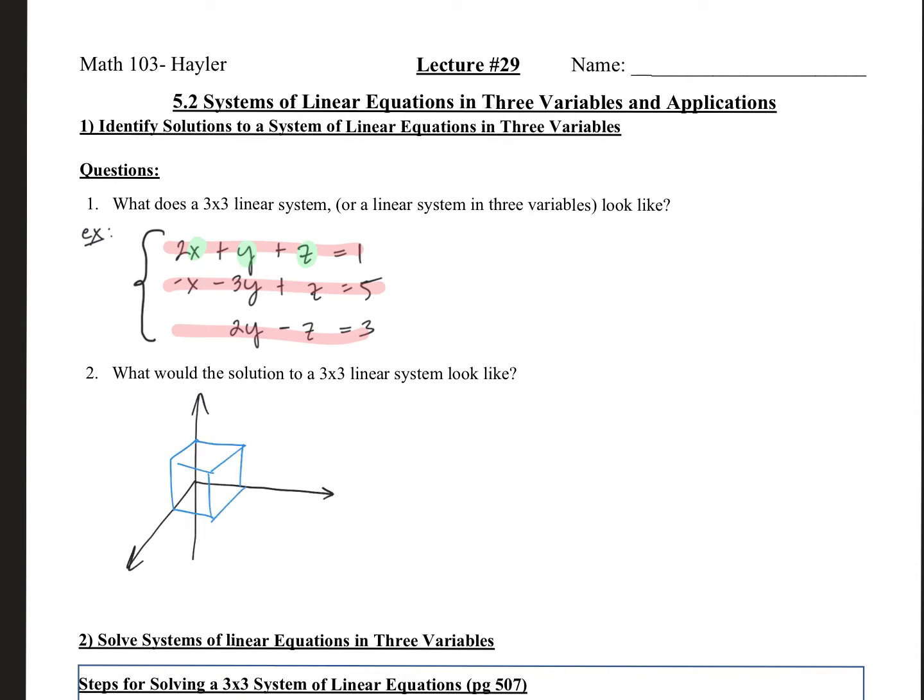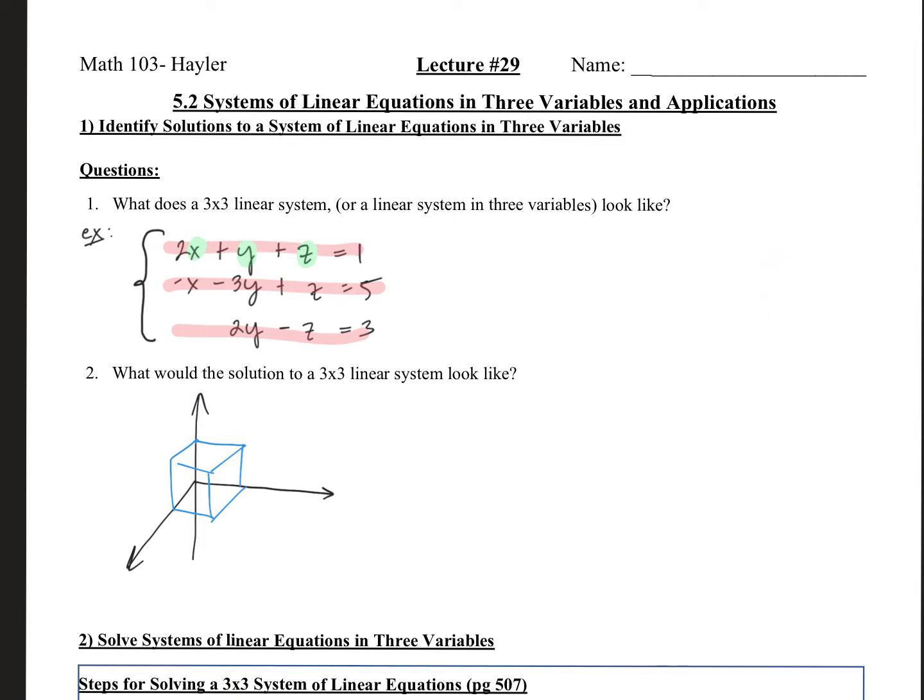Okay, and this is when we start having the x, y, and z plane. So the question is, what would the solution to one of these be? Because remember, the solution for a 2x2 was where the 2 lines intersect, right? The question is, what's the answer for a 3x3 linear system? What are we looking at there?